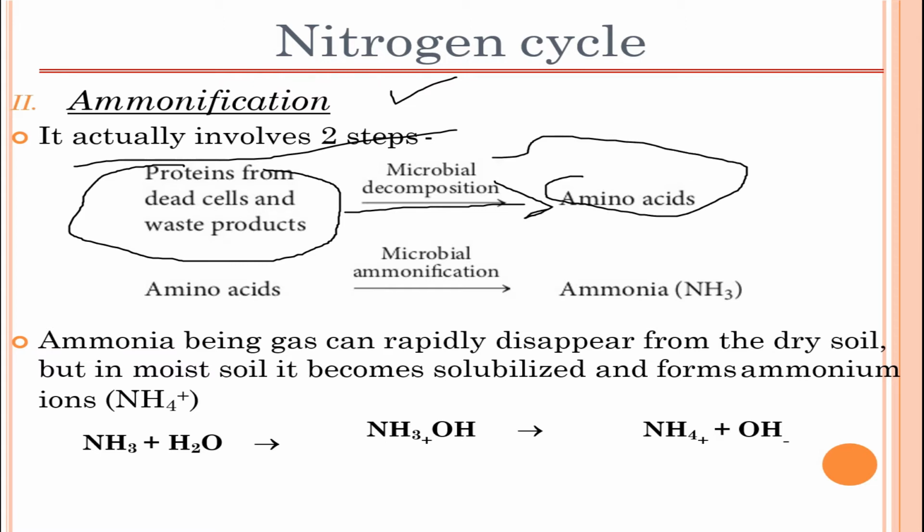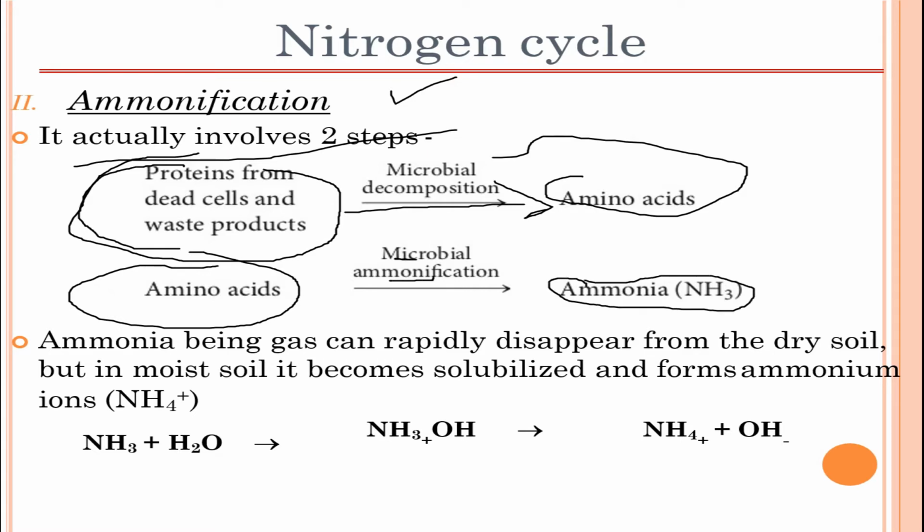So these dead decaying matter first get converted to amino acids through decomposition, and these amino acids are later ammonified, or degraded back, to ammonia. And this ammonia, being a gas, can rapidly disappear from dry soil, but in moist soil it becomes solubilized and forms ammonium ions.